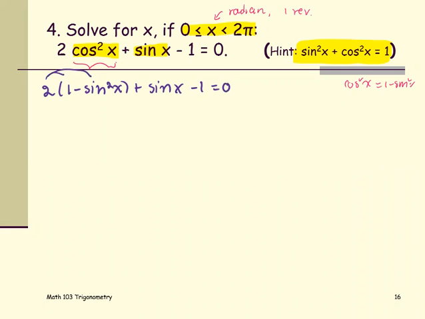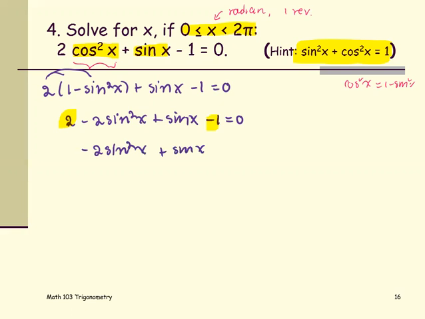Distribute 2 into the parentheses to get 2 minus 2 times sine squared x plus sine x minus 1 equals 0. Simplify the numbers. The equation becomes negative 2 times sine squared x plus sine x plus 1 equals 0.